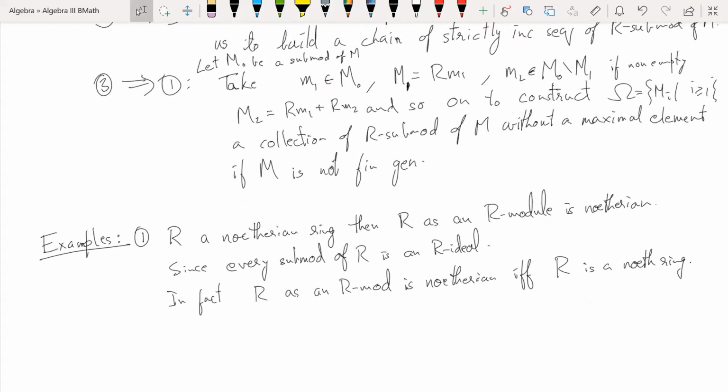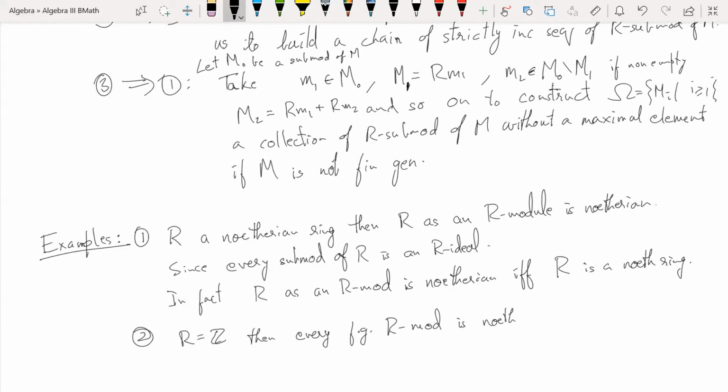Now, maybe R is Z, then we know that R-modules are the same as abelian groups. So if R is Z, then every finitely generated R-module is Noetherian.